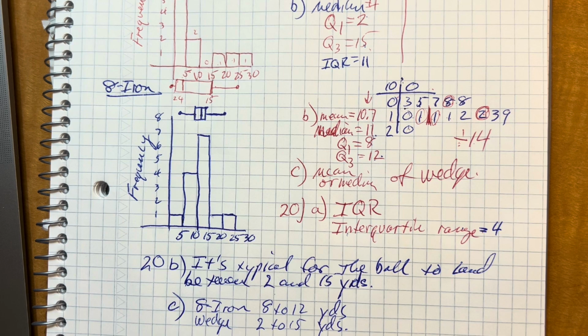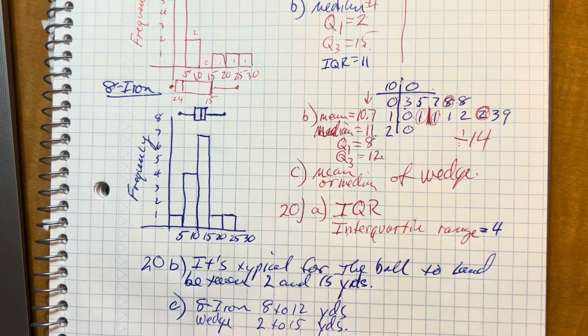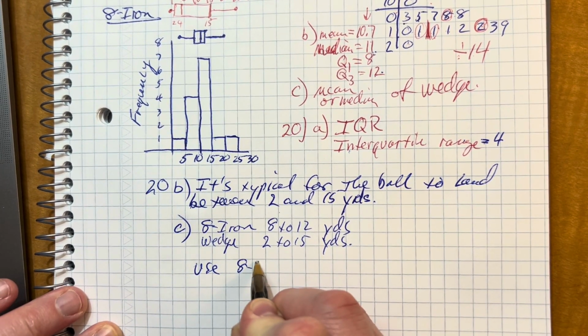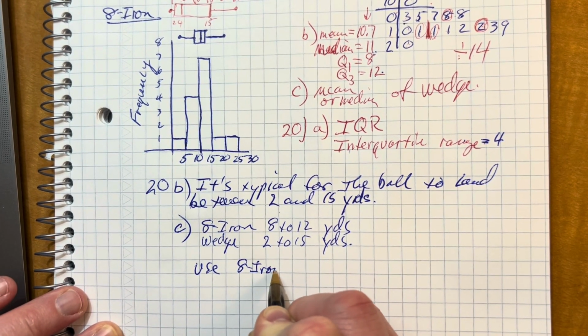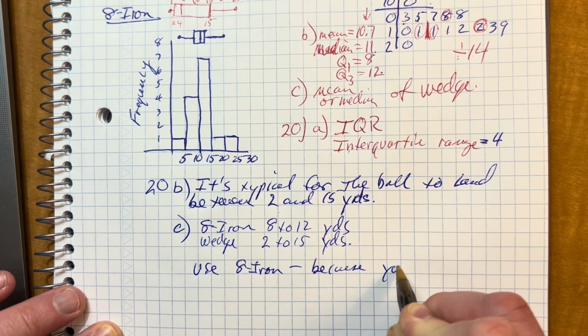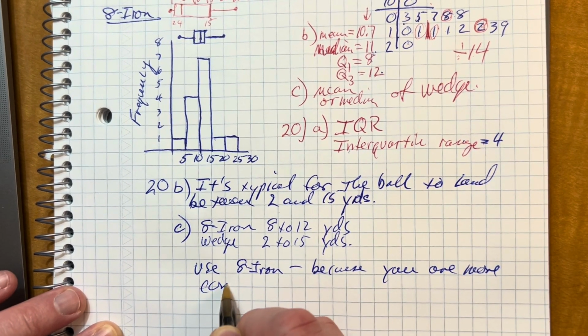I would tell Josh probably to use the 8-iron because he's more consistent. Use the 8-iron because you are more consistent.